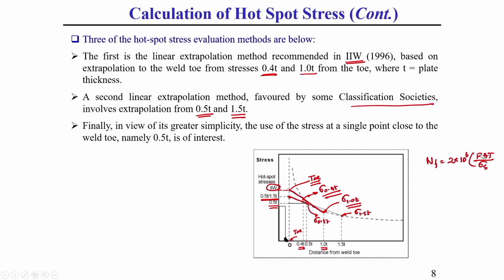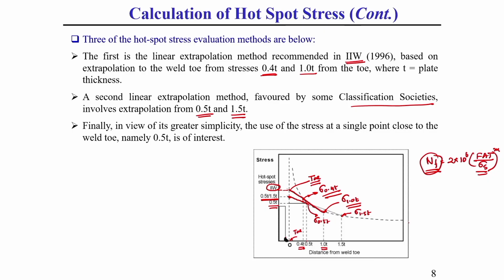This hot spot stress is generally inversely proportional to what? Number of cycles. So, if the hot spot stress value is higher, then the number of cycles will be lower. If it is lower, then the number of cycles will be higher. So, according to IIW standard compared to the other two, you can see it gives a more conservative result. This you should keep in mind. Okay, that you can see from this figure.